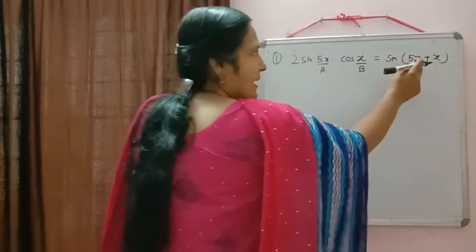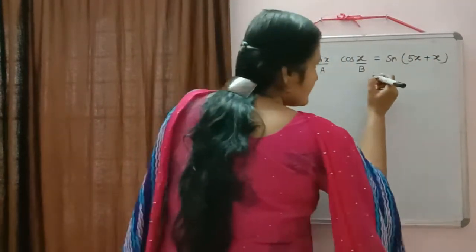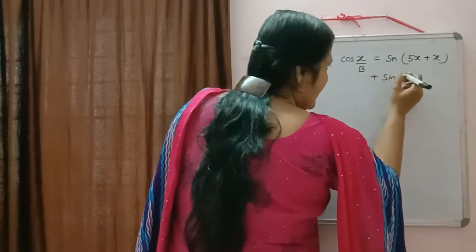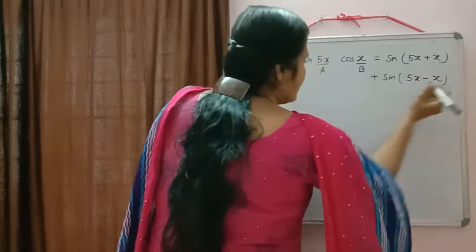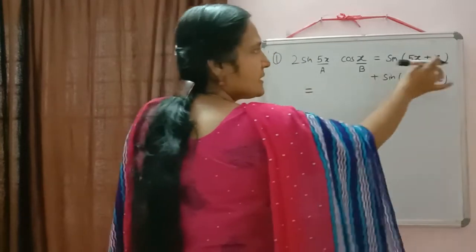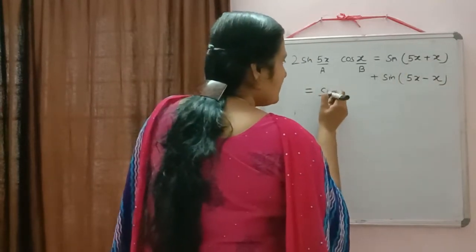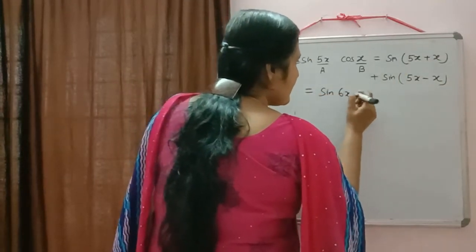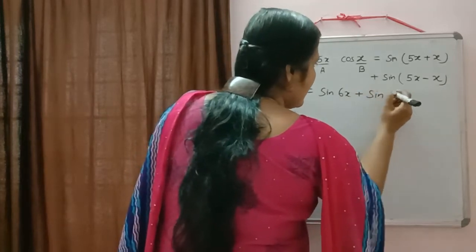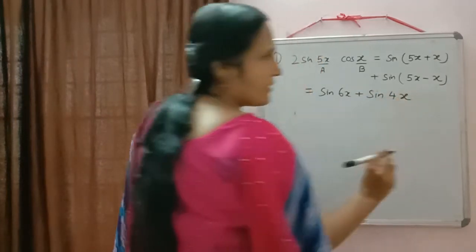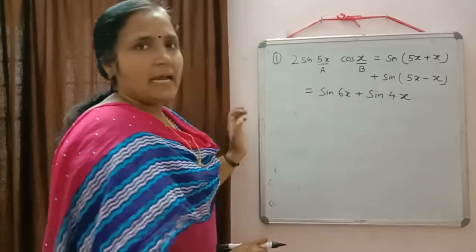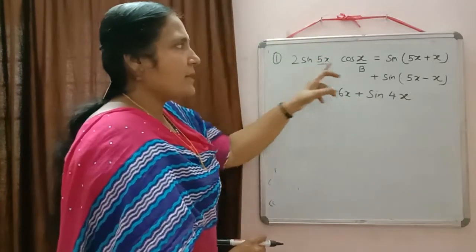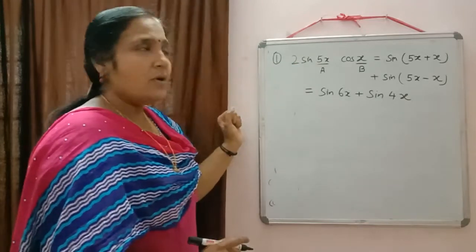So sin A plus B plus sin A minus B, which is 5x minus x. Now just add them, so it will be equal to sin 6x plus sin 4x. We converted the product into the form of addition. So just remember which formula we have to use.